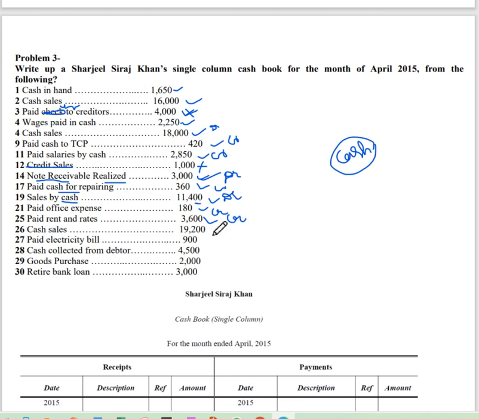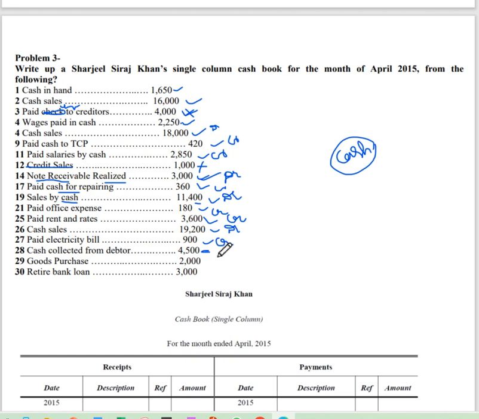Next, cash sales. We have sold the goods and received cash of 19,200 rupees. That should be debited. Next, paid electricity bill of 900 rupees. We have paid the electricity bill, that should be credited. Next, cash collected from the debtor. We have received the cash from the debtor.